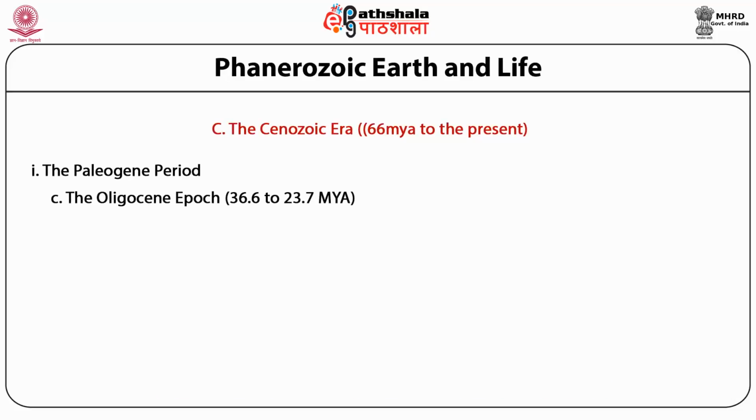The Oligocene epoch. The Oligocene epoch was the last epoch of the Paleogene period and lasted from about 36.6 to 23.7 million years ago. The cold climate of the later part of the Eocene was prevalent throughout the Oligocene epoch.